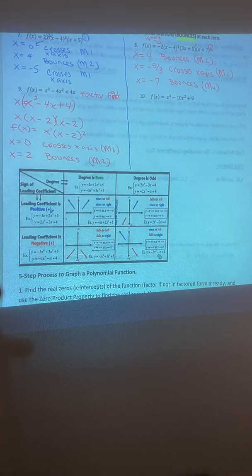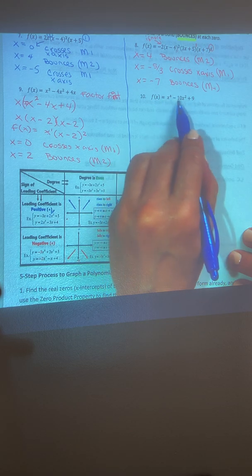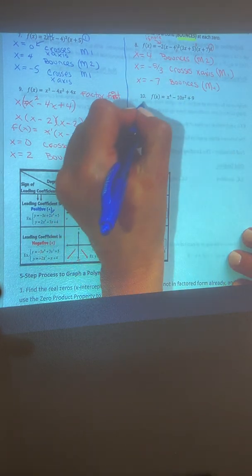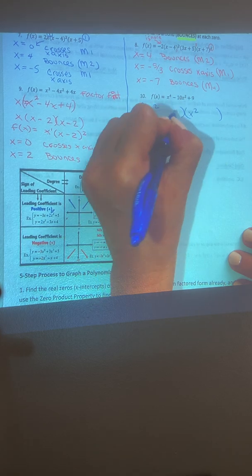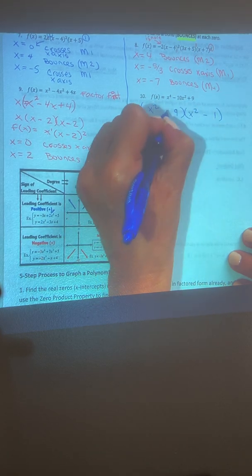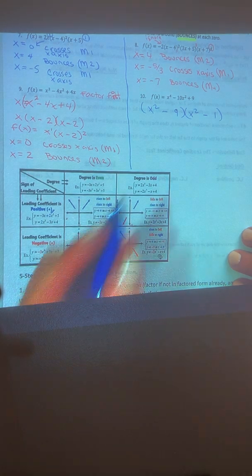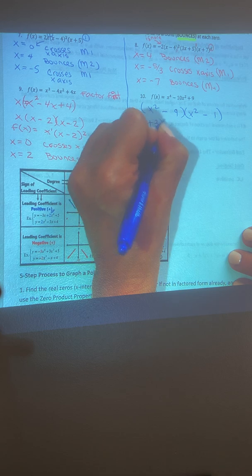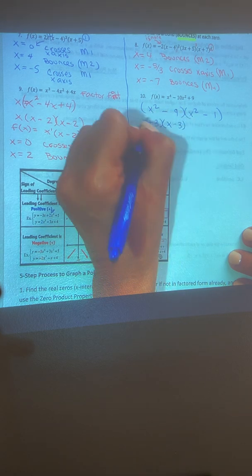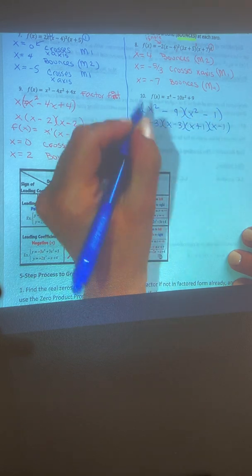Okay, and number 10, let's factor this. No GCF, so factors of 9 that add up to 10. x squared, x squared, 9 and 1, minus, minus. Hey, those are differences of squares. So (x plus 3)(x minus 3)(x plus 1)(x minus 1).